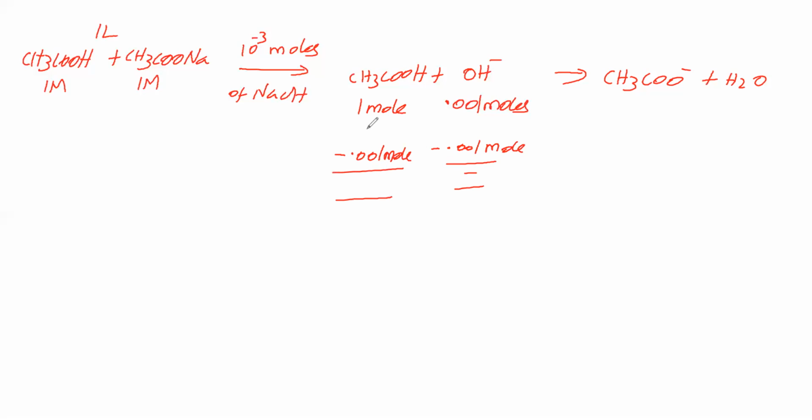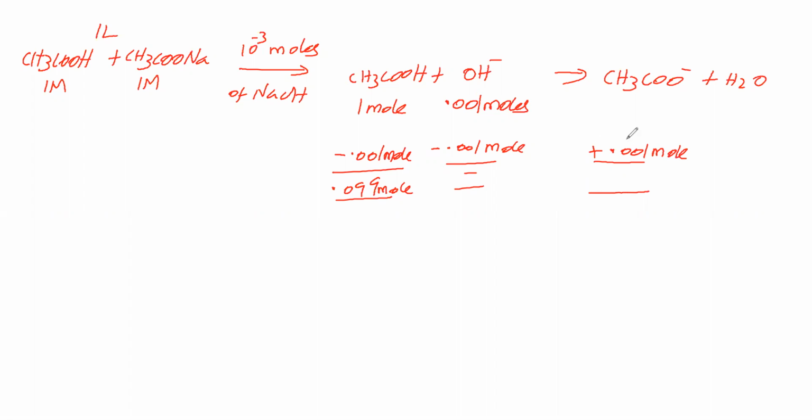So this much acetic acid is consumed. How much acetic acid is remaining? This many moles of acetic acid remaining. How much acetate ion is produced? As much as the OH minus consumed, that much acetate ion is produced. Okay, this much acetate ion is produced.